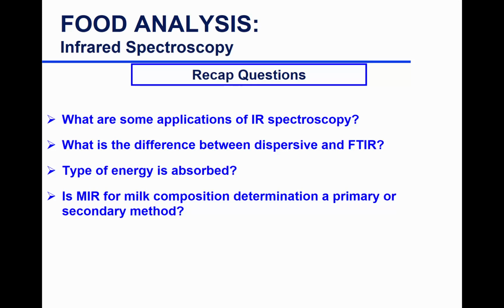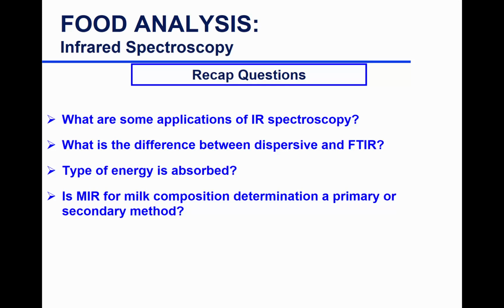What is the difference between dispersive and Fourier transform IR? So when we say dispersive, what are we dispersing? Molly? The light. We are dispersing the light, and we're using a monochromator. So only one selected wavelength is being projected to the sample and absorbed at one wavelength, which is no longer applicable.